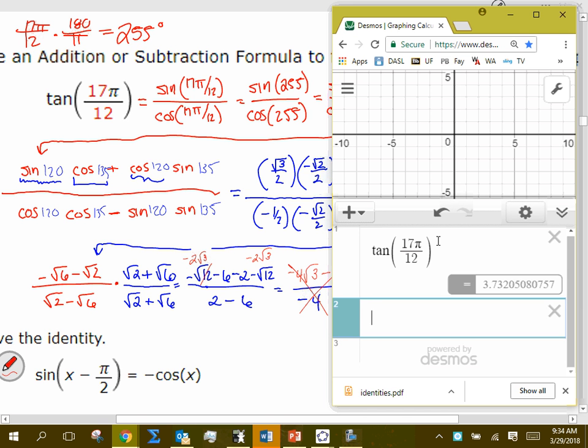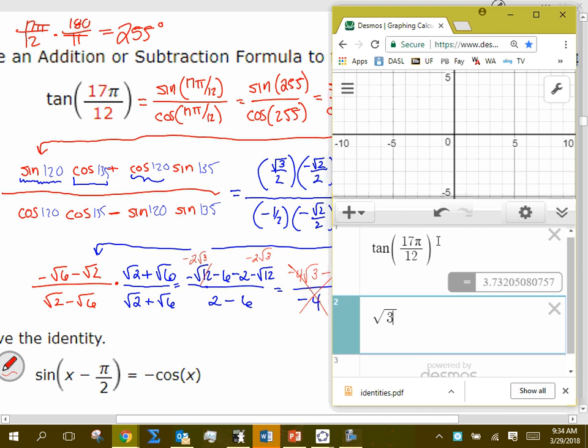Now, hopefully you automatically know that what you came up with, radical 3 plus 2, is right. We know radical 3 as a decimal is approximately 1.73. Add 2 to that, don't we get the same value?